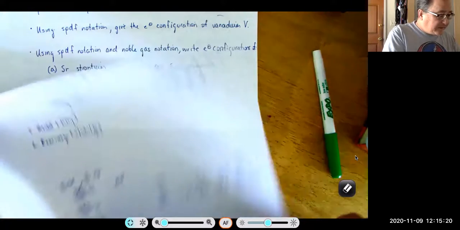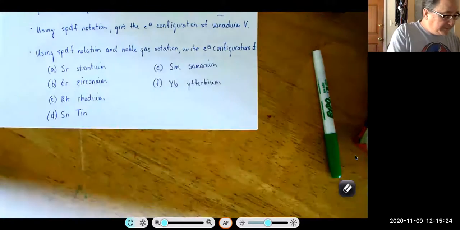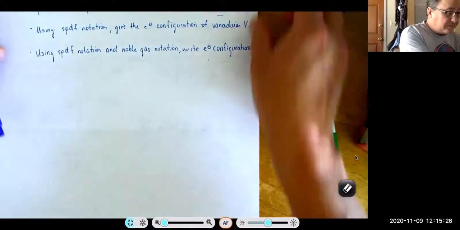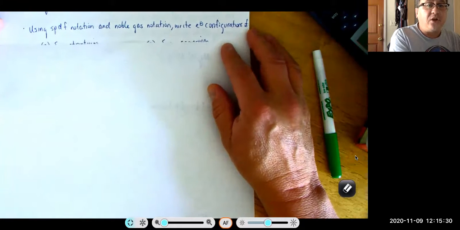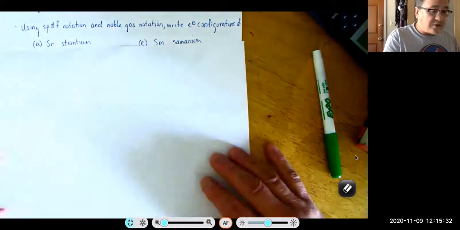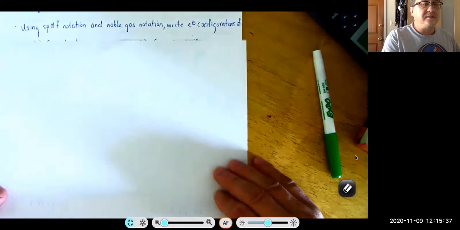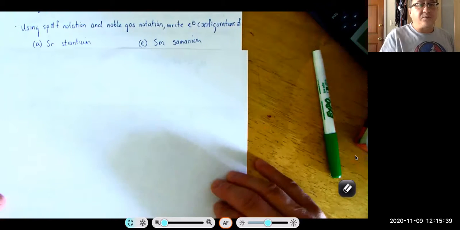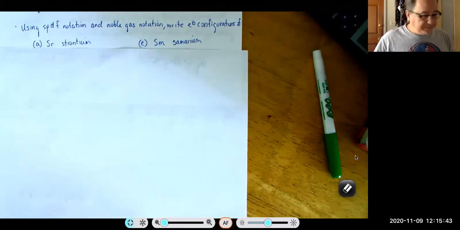So this says using SPDF notation. Let me flip my paper here. Using SPDF notation and noble gas notation, write the electron configurations of strontium. So here's what they mean by SPDF notation and noble gas notation.